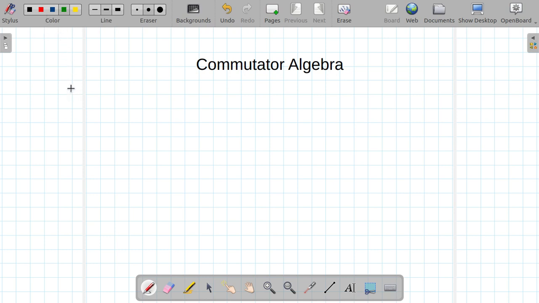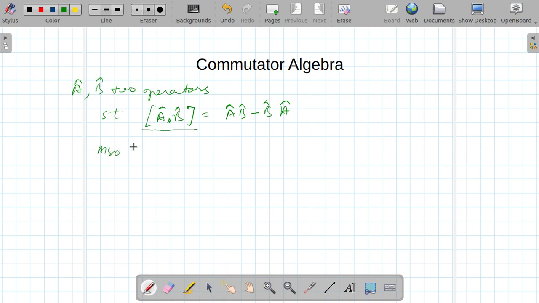So, if I have two operators, A and B, such that they are enclosed in square brackets and separated by a comma, then this is the mathematical representation of the commutator relation, and it is equal to AB minus BA.